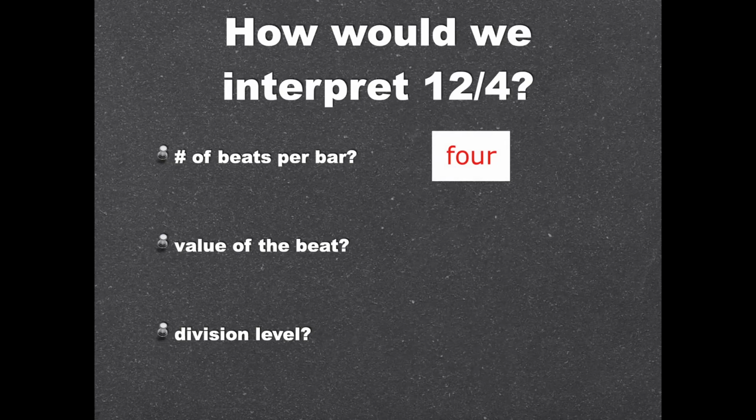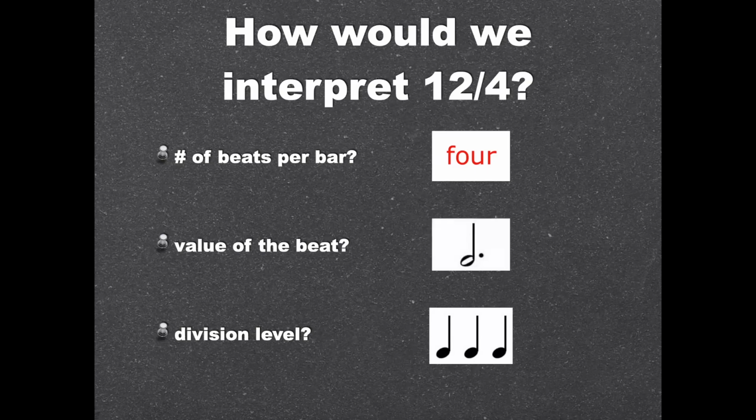Skip to the division level question, and we get that information from the bottom number of the time signature, in this case 4, which represents quarter notes. There are 3 quarter notes per bar in 12/4. Then, to determine the value of the beat, you need to think what single duration is equivalent to 3 quarter notes. The answer is the dotted half.